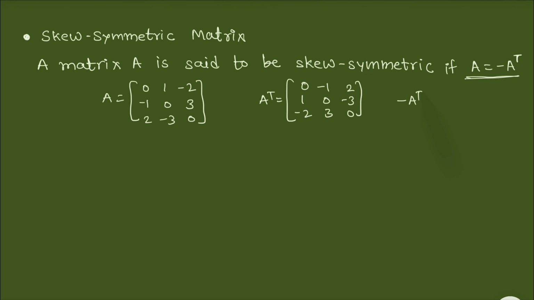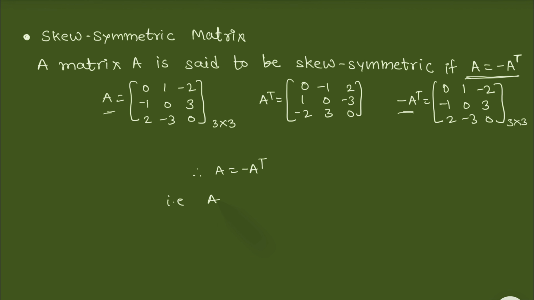Now minus A transpose is equal to a matrix 0, 1, minus 2, minus 1, 0, 3, 2, minus 3, 0. Both the matrices are 3 by 3 and both the matrices have corresponding elements the same. Therefore A is equal to minus A transpose, that is A is a skew symmetric matrix.